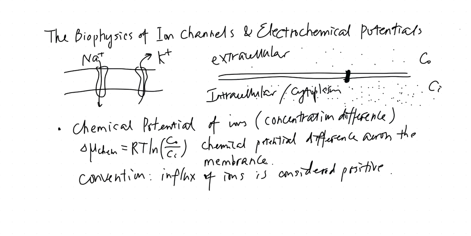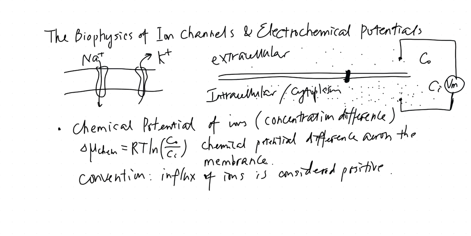Now we know ions are also charged, so there is also the membrane potential. If you consider it like an electrical circuit, then you have membrane potential. Even if you have the same concentration, let's hypothetically say you have some ionic species with the same concentration inside and outside of the cell across the membrane, there would be no contribution from chemical potential.